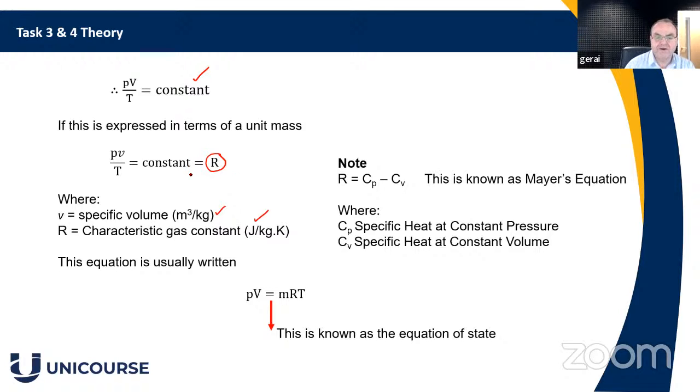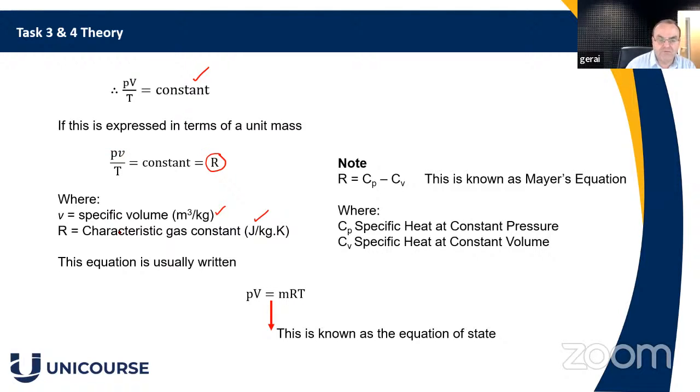Now, because we've changed that to be a specific quantity in terms of kilograms, if we want to put the mass term back in, we can do the reverse of what we did initially. I know this is confusing. We can refer that back to its main volume because the specific volume is meters cubed per kilogram.